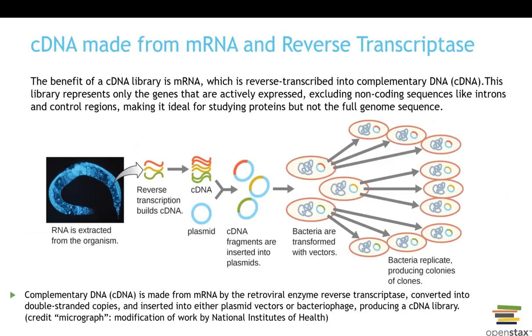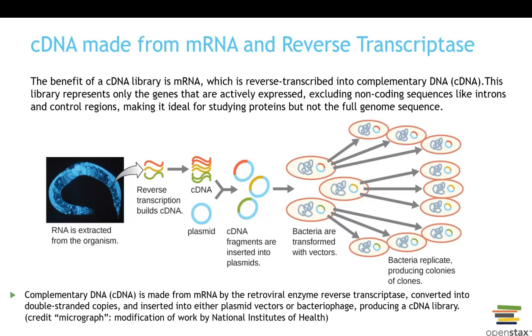So another thing we can do, we can make cDNA from the messenger RNA using reverse transcriptase. Sometimes we don't need to have all the genetic information of that organism. We just want to focus on the messenger RNA or on the genes that can be translated and make proteins.